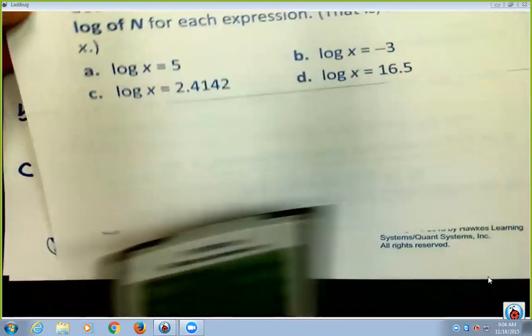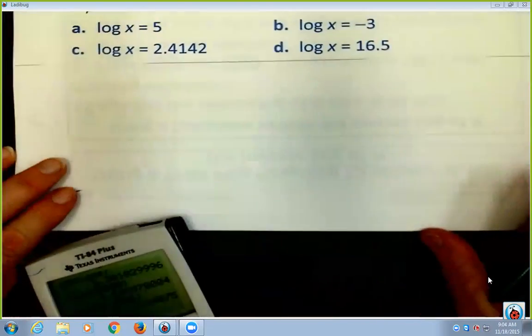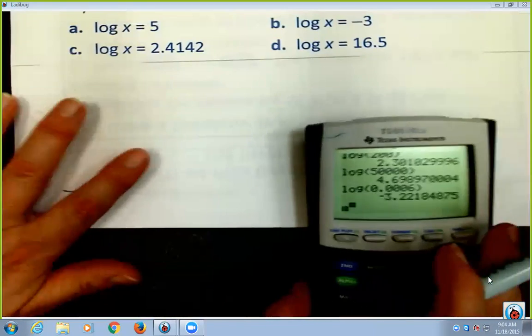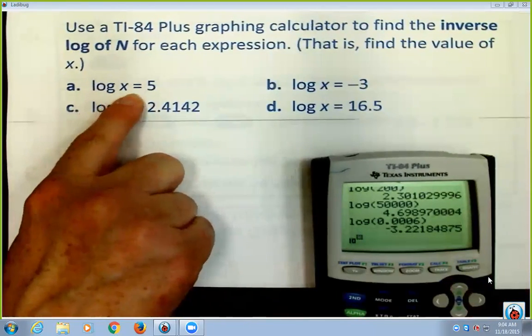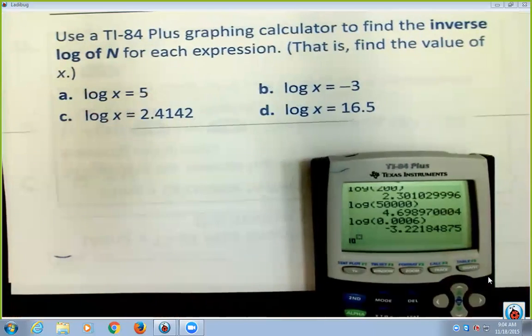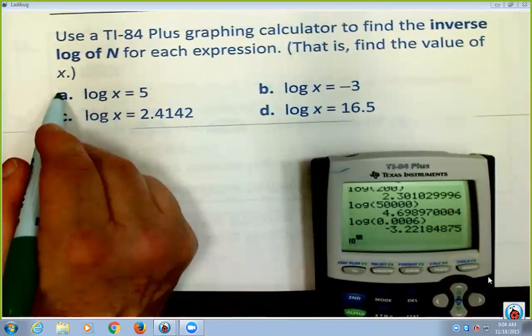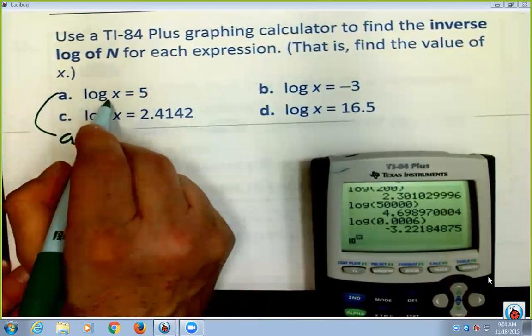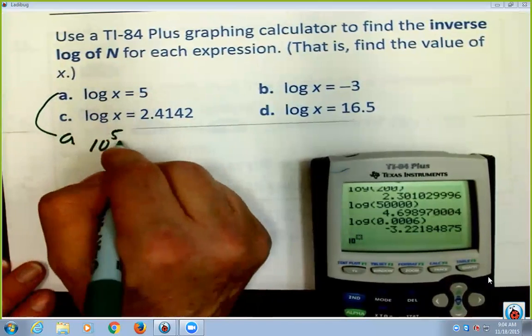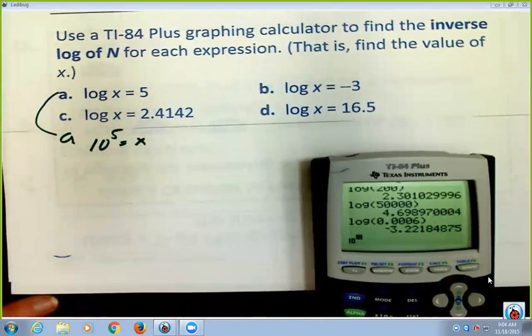So let's look at some of these guys and see if we can get them to work out. They're a little different than the other ones. The other ones we had were log of some number, and we could calculate those out. These, every one of them gets turned around. That middle base 10 is here, so 10 to the 5th power is equal to x. Would I have to put that one on my calculator? Probably not.